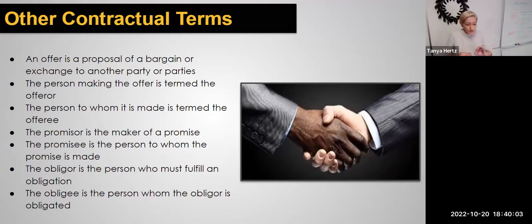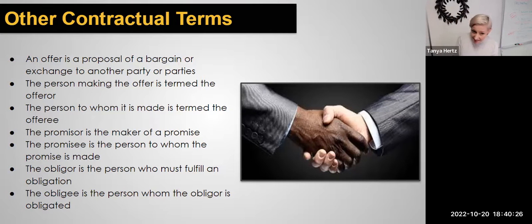Another few contractual terms that you need to know. An offer is a proposal or a bargain or an exchange to another party or parties. The person who is making the offer is termed the offeror, or the person to whom the offer is made is the offeree. The promisor is the maker of a promise.